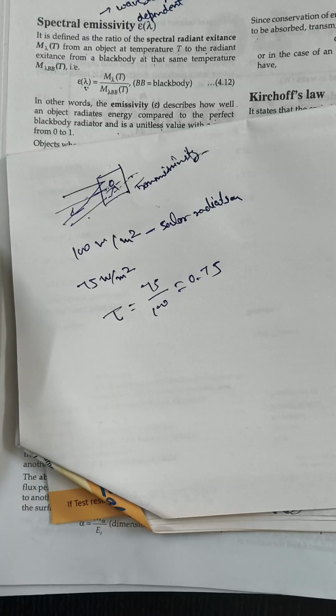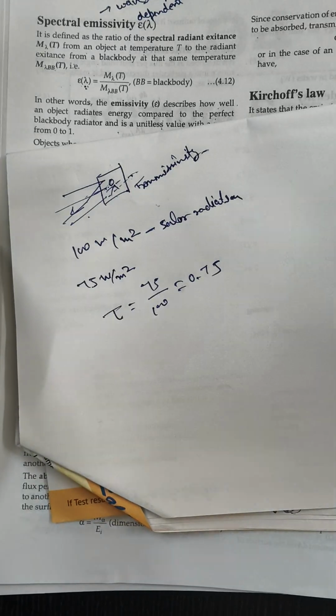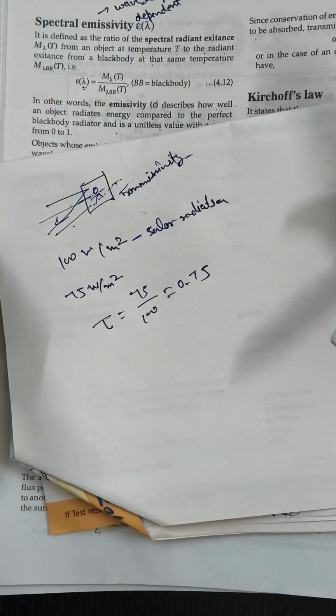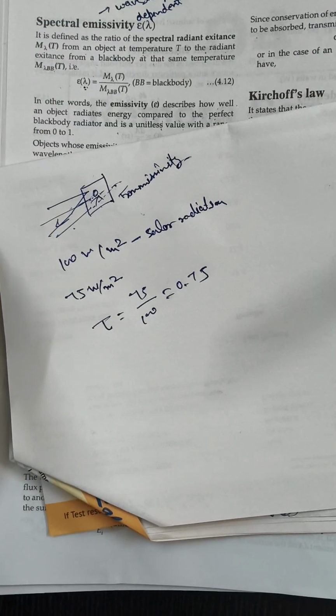Think of transmissivity as permission to pass. If a material allows most radiation to pass, transmissivity is high. If a body blocks radiation, its transmissivity is low. If anybody holds or reflects back more radiation, the transmissivity value is low.